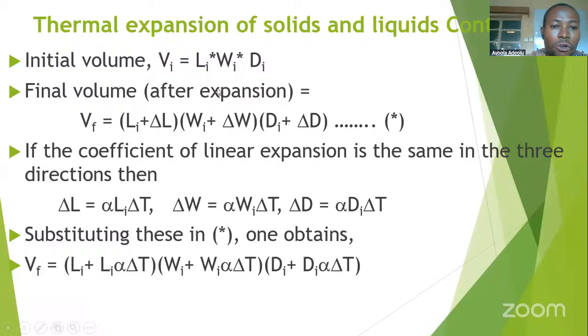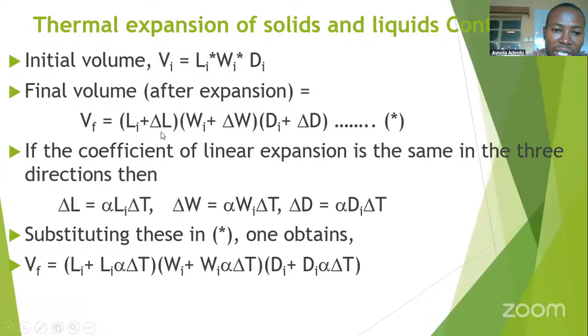Then the final volume will be Li plus delta L, multiplied by Wi plus delta W, which is the final width, then multiplied by Di plus delta D. So this will be our final volume.